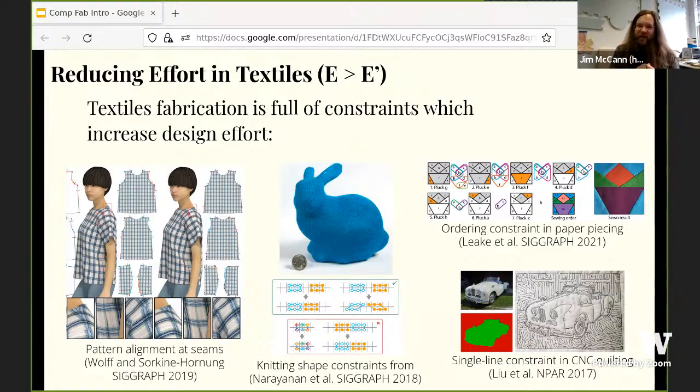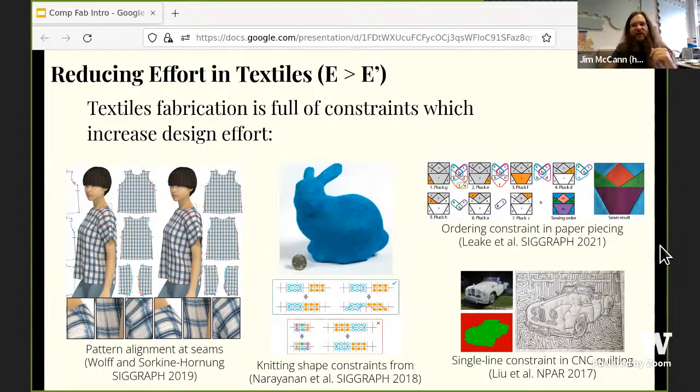Or, as you'll see coming up soon, if you're doing paper piecing, you need to think about the ordering of the construction process. Or if you're doing CNC quilting, you need to think about reducing the number of lines that your quilting machine is sewing, ideally down to 1 line.